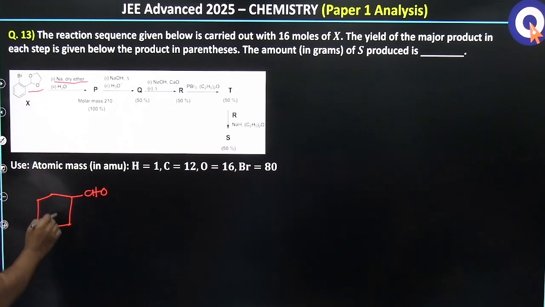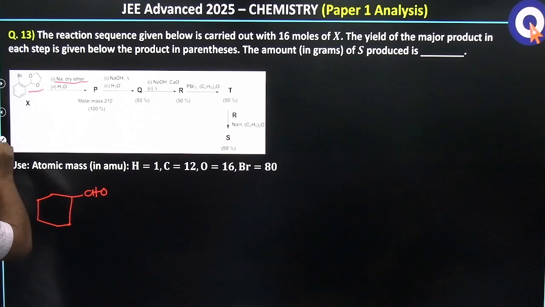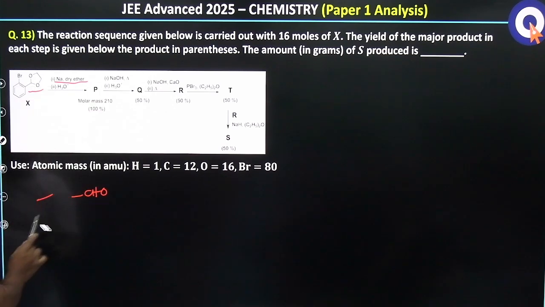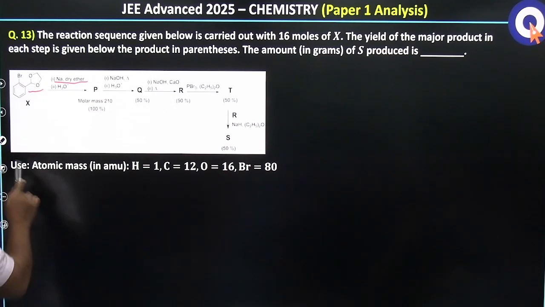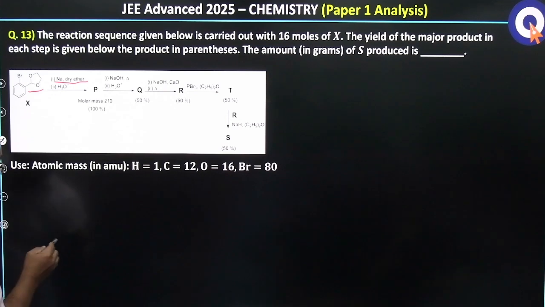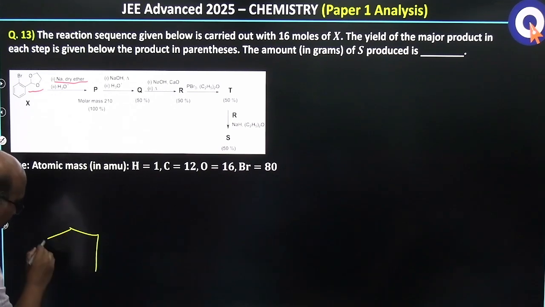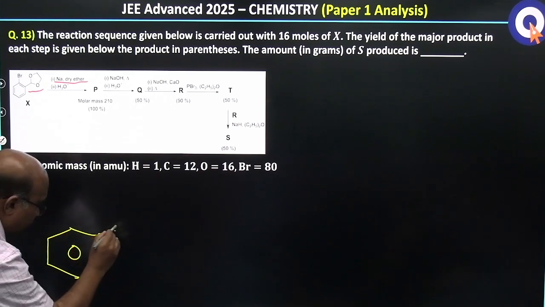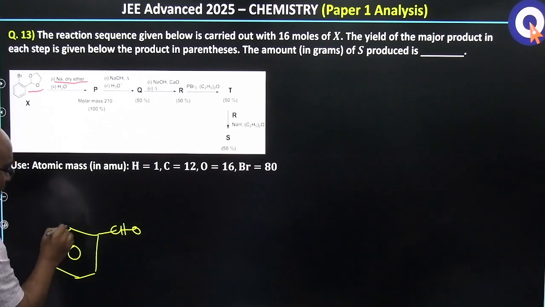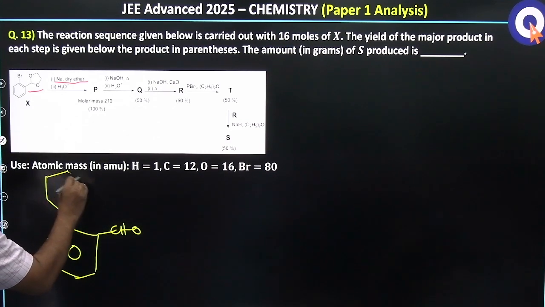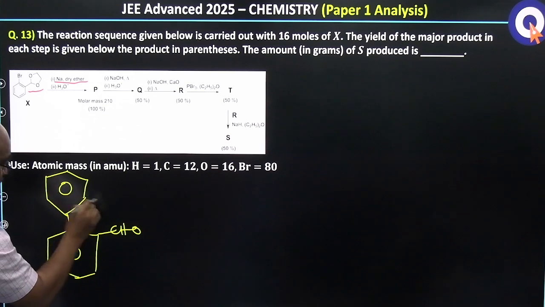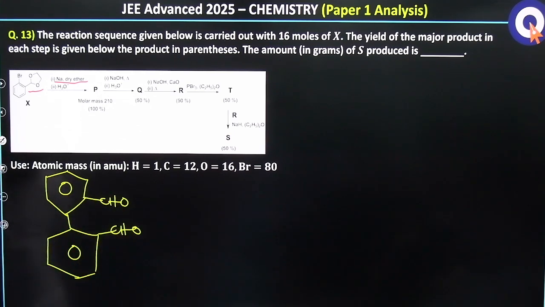Aryl halides are reacting, and will convert into, let us write it, because the space is there. So this is what we get, as the aldehyde will exist now, and this aryl halide is reacting with another molecule. So phenyl groups with two aldehydes in it.